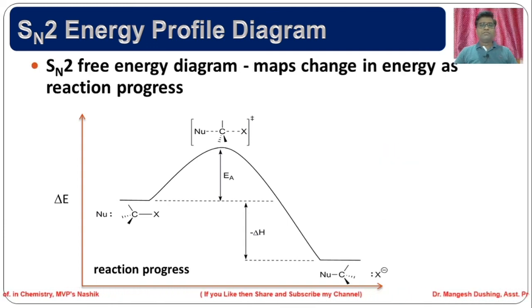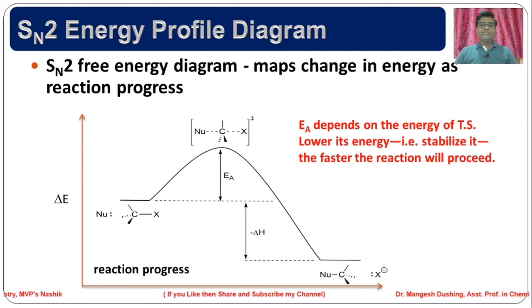Activation energy depends upon the energy of the transition state. The lower its energy, the more it is stabilized, and the faster the reaction will proceed. If activation energy is very high, it means the transition state is very high in energy and very unstable, so the reaction does not proceed.